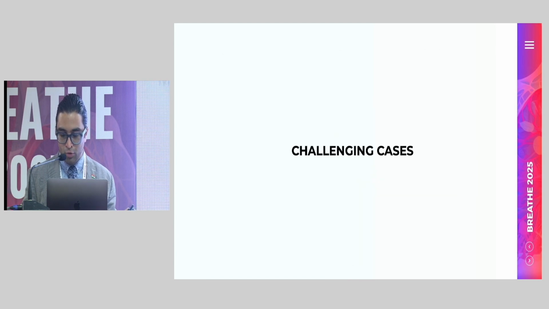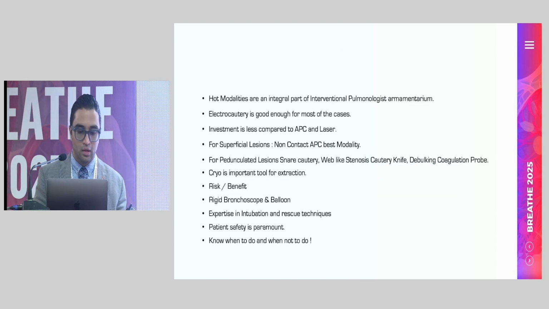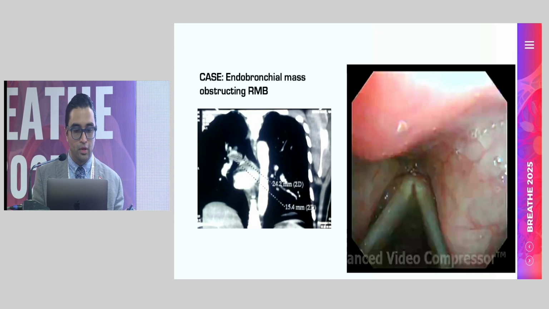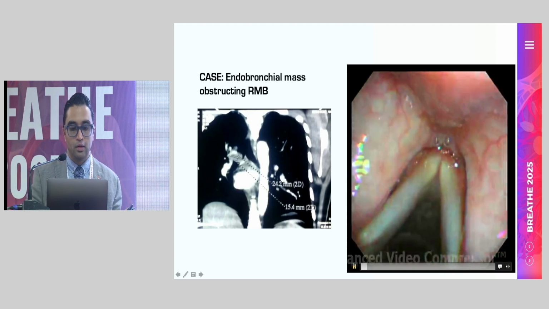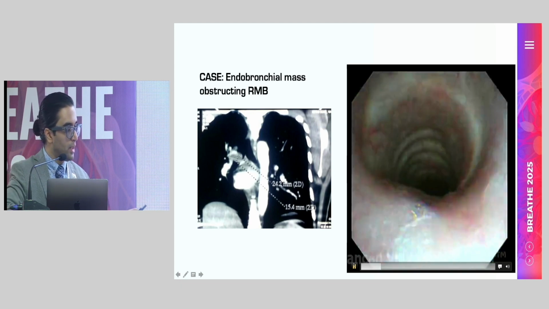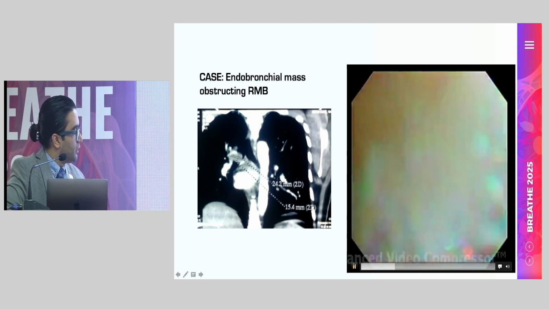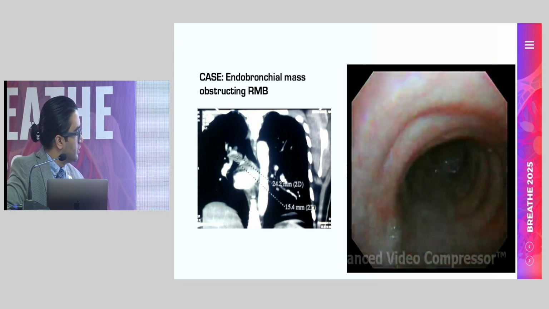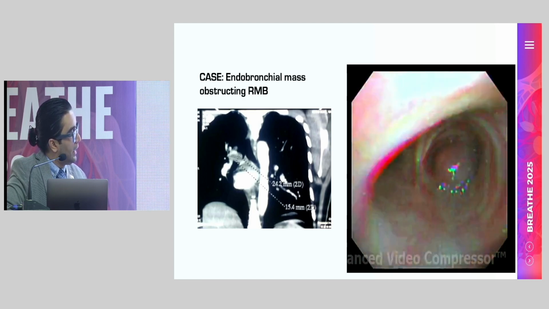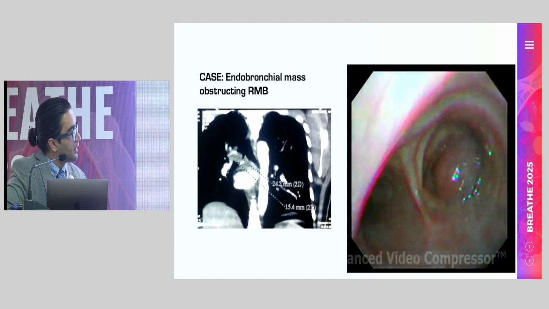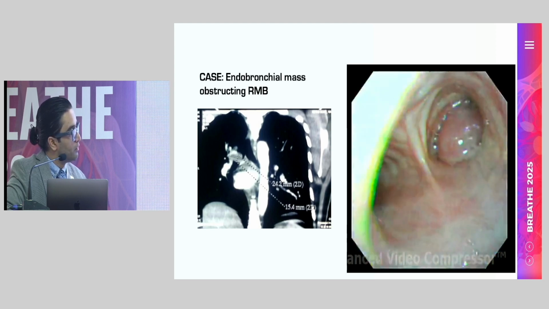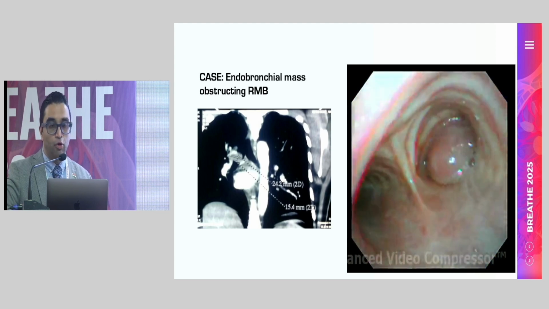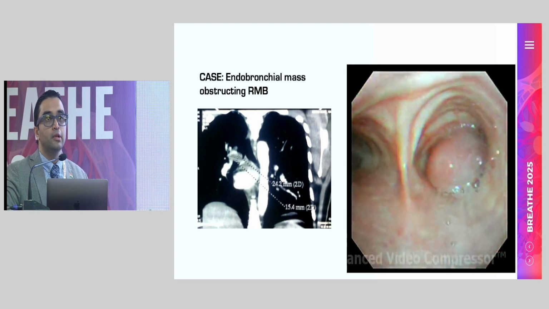Now I'll move on to some challenging cases. This is one case where you can see how cryo and heat therapies are used at the same time. This particular patient had an endobronchial mass in the right main bronchus. As you can see, this is the carina, and the right main bronchus has a polypoidal mass completely obstructing the lumen. What would be your next favorable step for this?